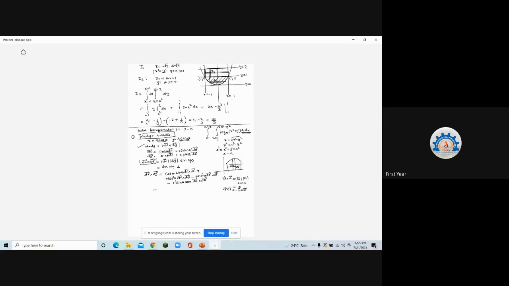So the first term, dr bar cross dr bar, becomes 0, and d theta cross d theta becomes 0. Only two terms remain: r cos square theta dr bar cross d theta bar, minus r sin square theta d theta cross dr, which becomes plus dr bar cross d theta bar. That is r into cos square plus sin square into dr bar cross d theta bar.